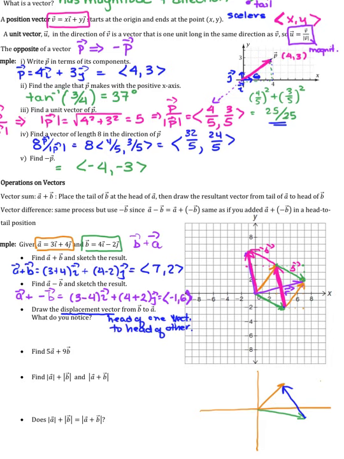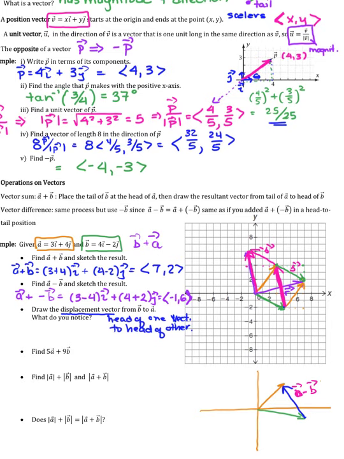So even though they started at a different place, this was A minus B. That was equivalent to the displacement vector from the head of B to the head of A.